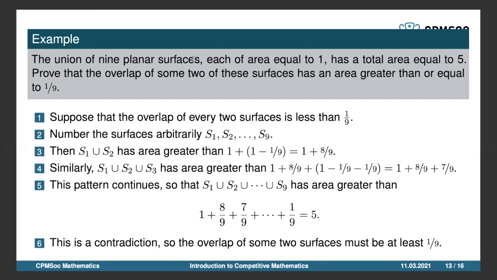Since it's pretty hard to do a direct proof, we can aim for an indirect proof where we assume for contradiction that all pairs of two surfaces have a combined area, or intersected area, less than 1/9. That will be a motivation for using contradiction. It's just hard to attack this problem directly.